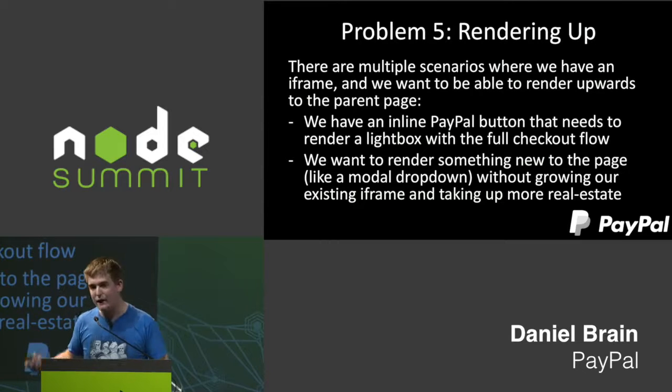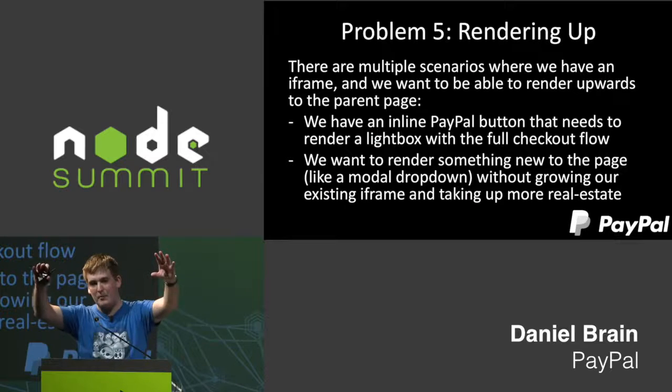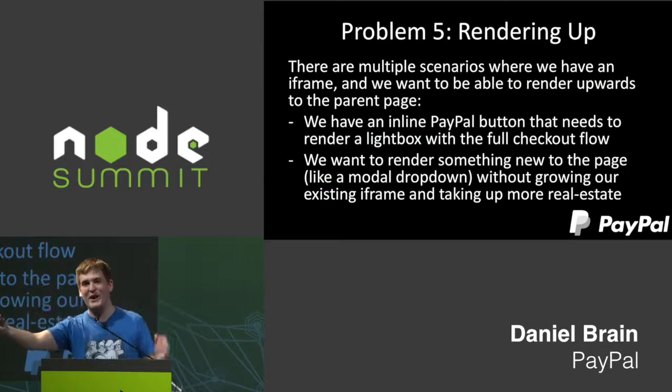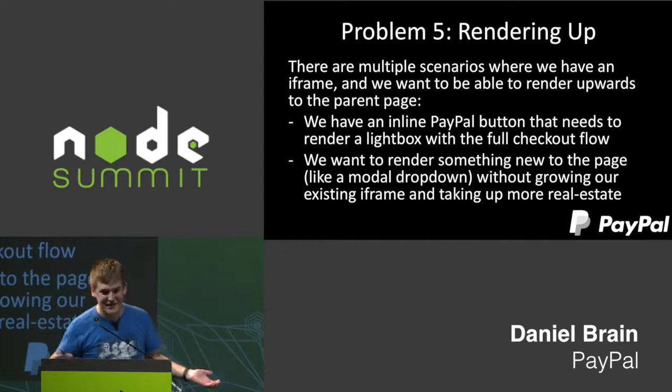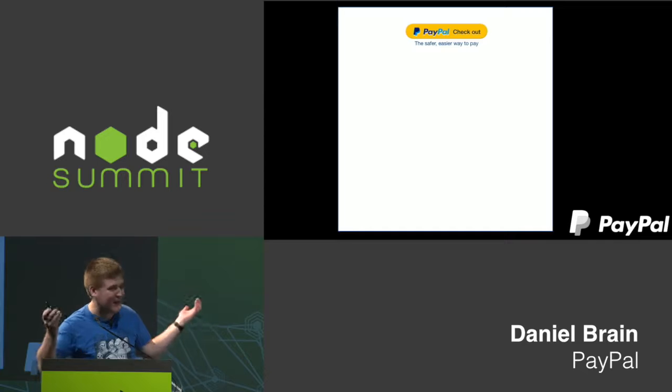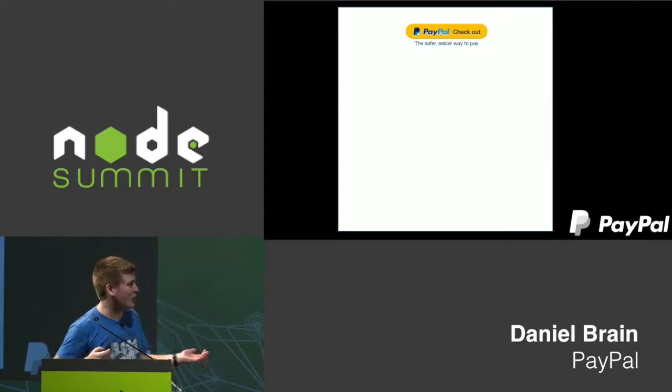So yeah, problem 5, rendering up. This is probably the most complicated problem we had to solve. We have a lot of situations where we want to render a component in an iframe, but we want that component to be able to render another component in the parent page. An example of this is just as simple as the PayPal checkout button. You've probably all seen this at one point or another.